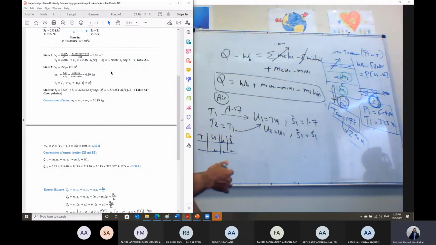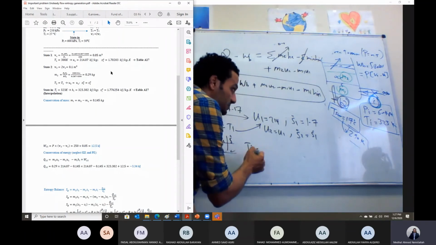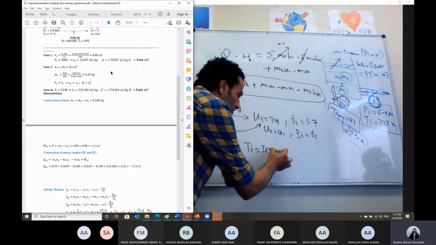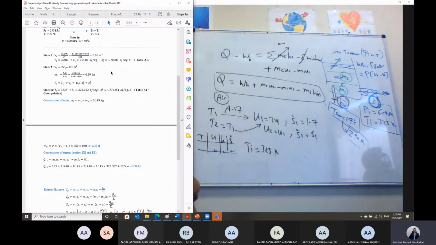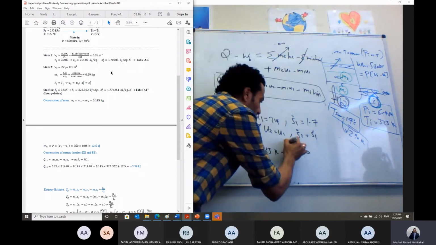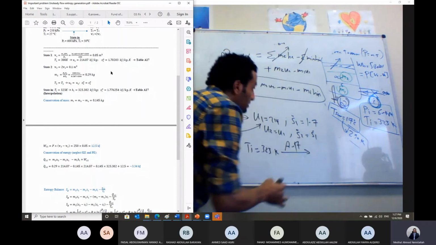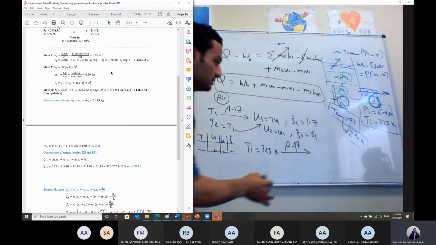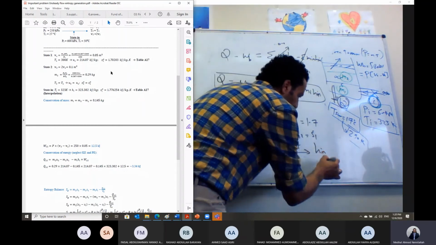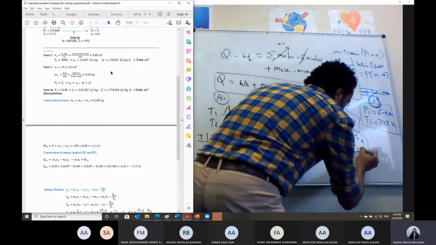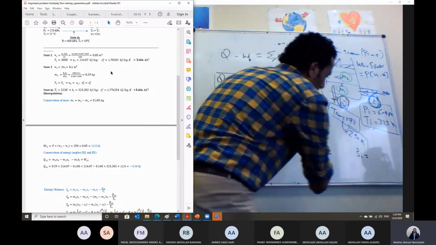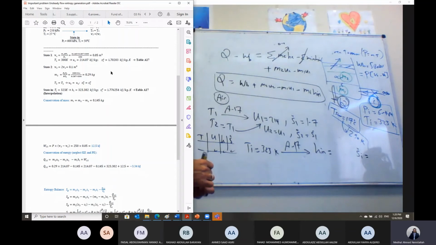Okay. But what about at the inlet condition? The inlet temperature is 50 degrees C, which is 323 Kelvin. At this condition, we can also go to table A17 and get the enthalpy h inlet. Also, I can get s naught at the inlet section, the entropy of the flow at the inlet.